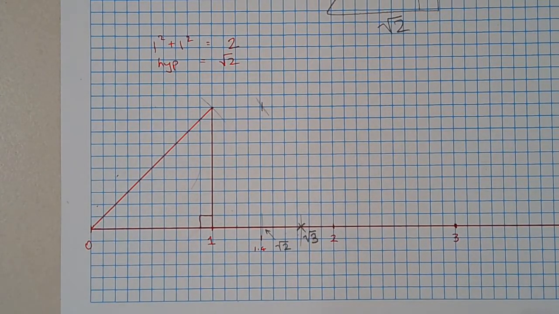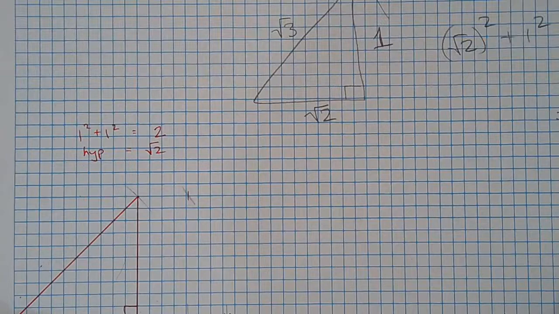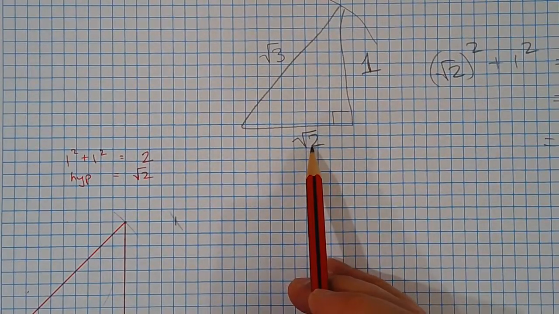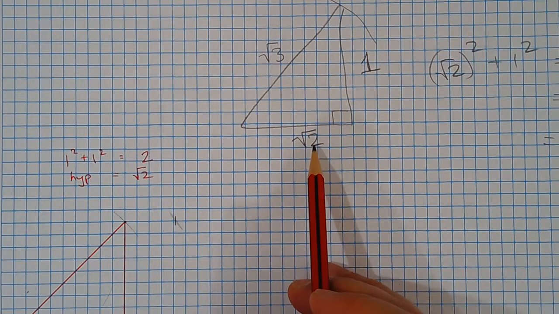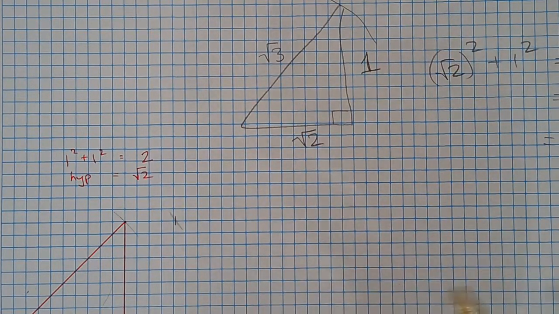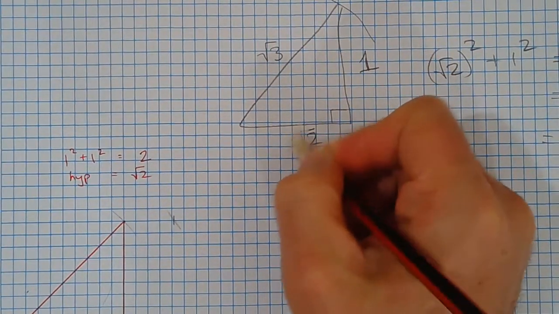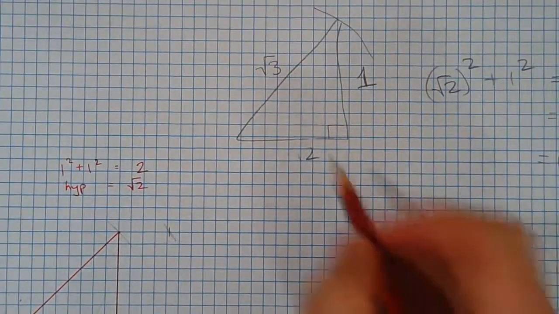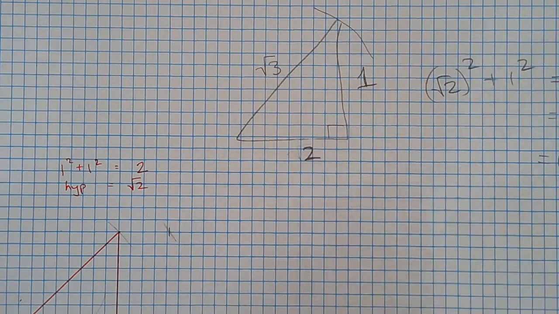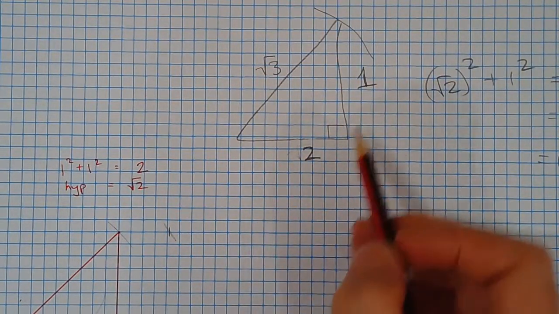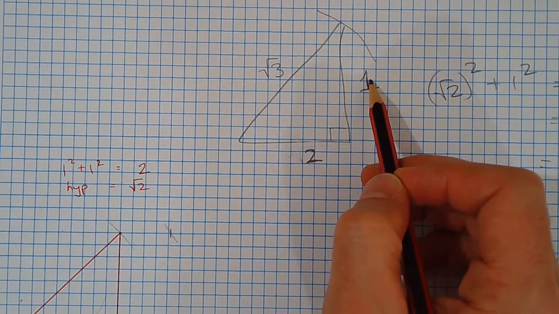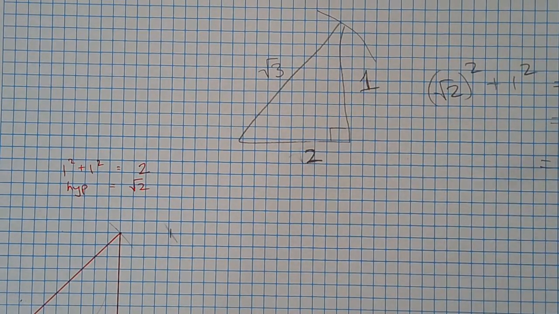So what about square root of 5? We'll need how many units on the bottom? We'll need 2 units on the bottom, in fact. If we use a different triangle, I'm just going to recycle the same triangle here. If that was 2 units on the bottom, 1 unit up the top, 2 squared plus 1 squared gives you 5.